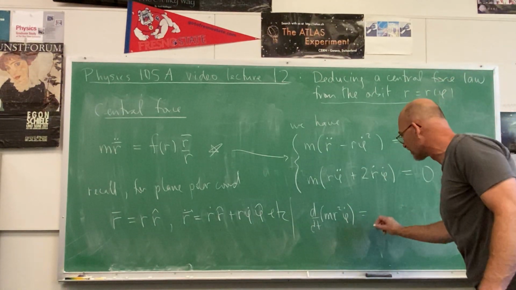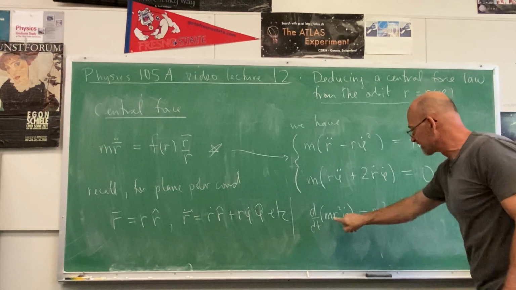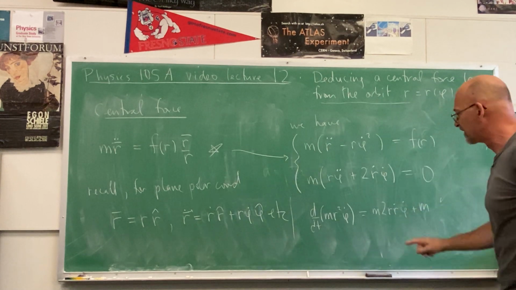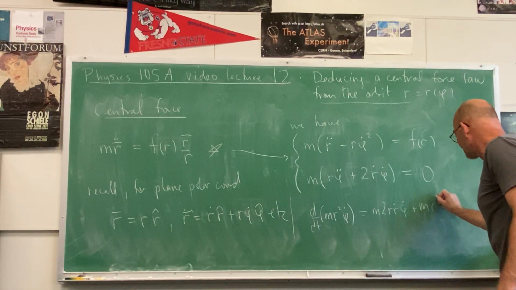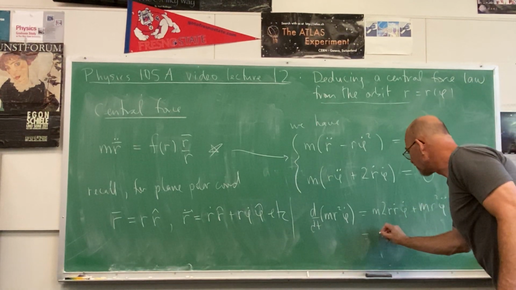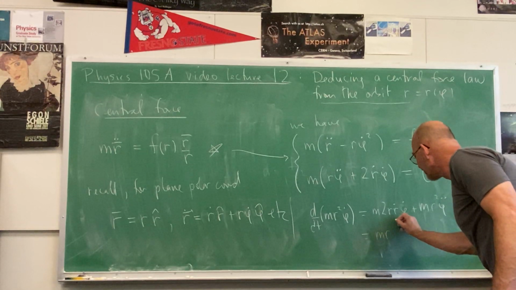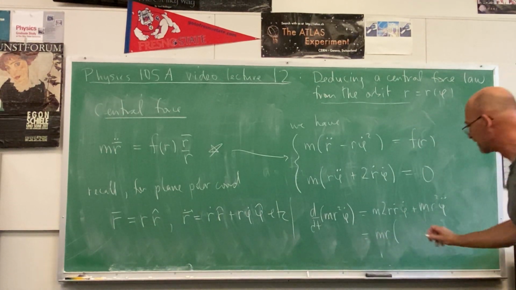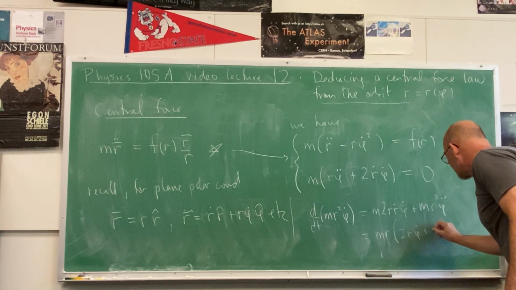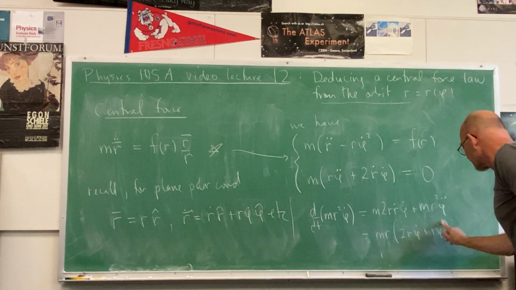Say we do this time derivative, we get an m, a 2r, r dot, chain rule right there, phi dot, and then we get an m r squared phi double dot. If we pull out mr, we are left with what? 2r dot phi dot plus r phi double dot. Okay, those are 2 dots right there.